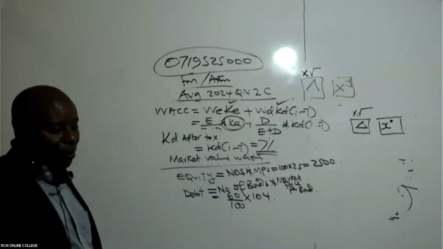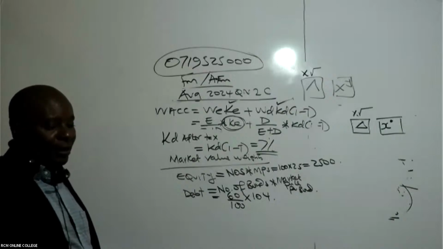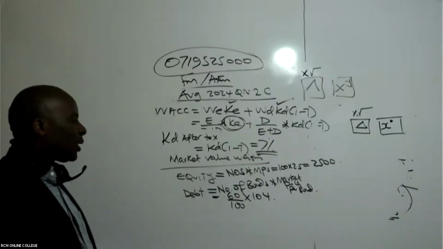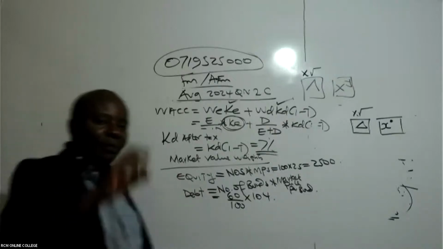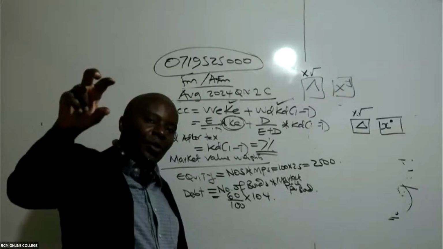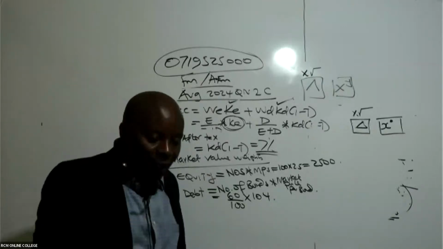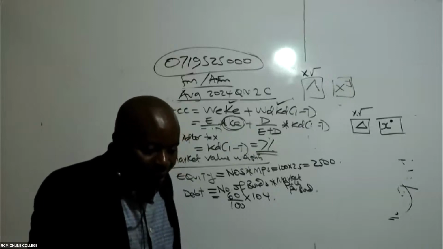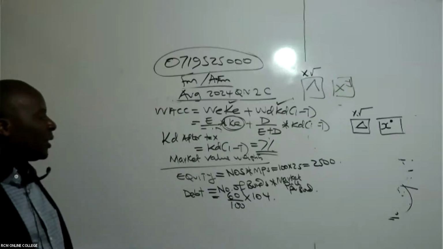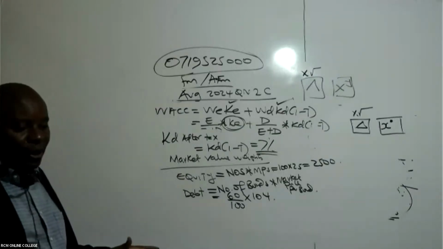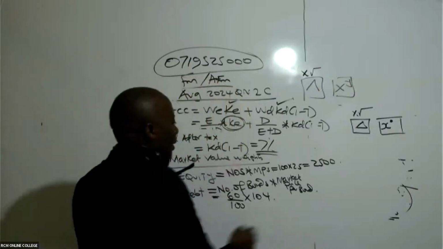Is there somebody who can give me this debt amount? Normally you take the balance sheet figure, bond value 60, you divide by the par value 100, times 104. The 104 there is the market price per bond. So in this case, they're giving me 62.4.